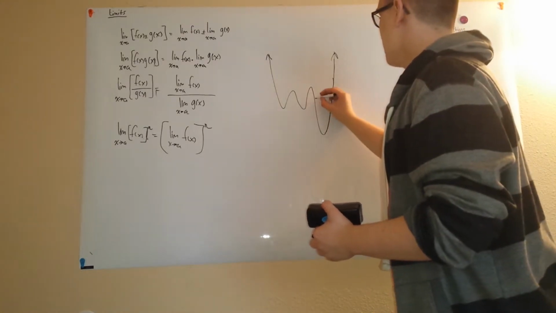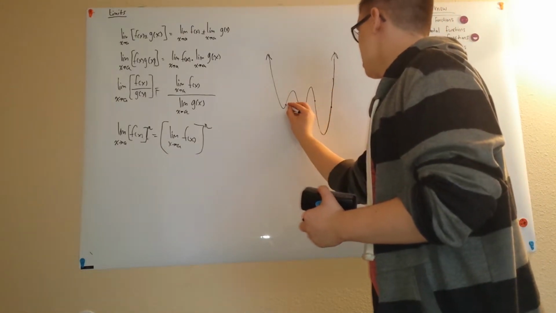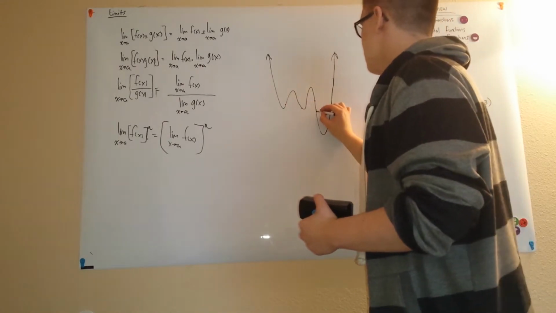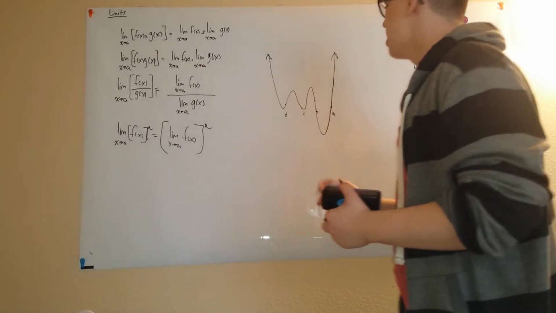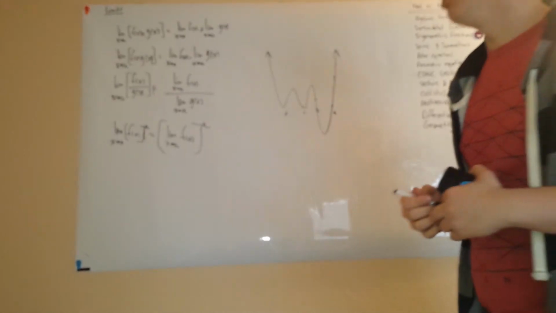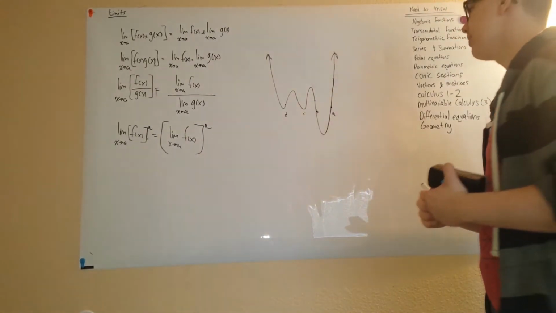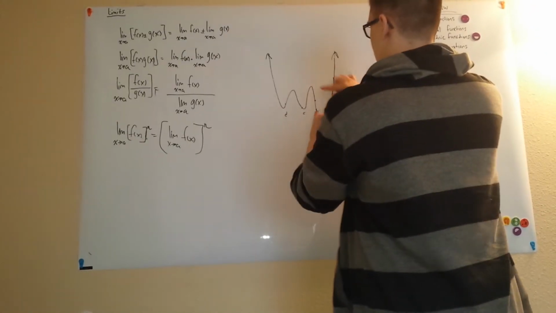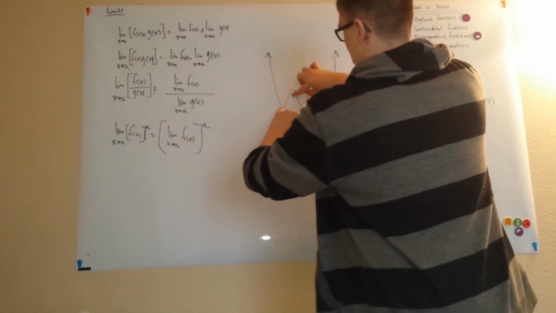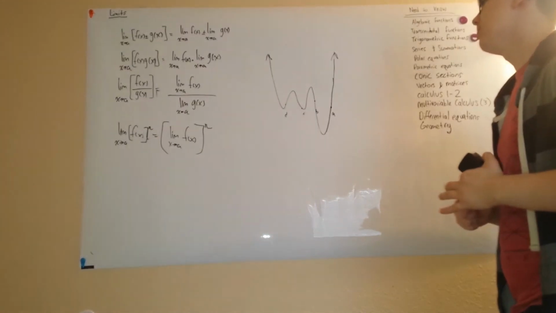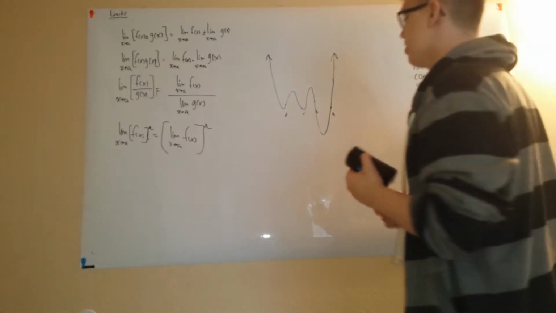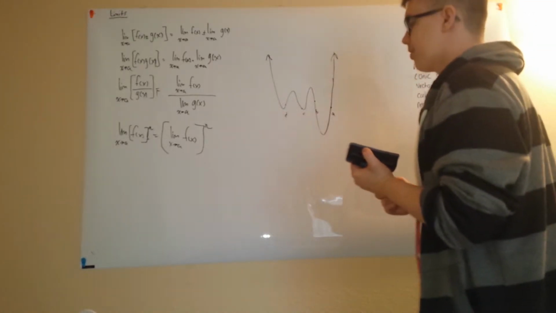So that means if I have any point, A, B, C, or D, and I say, well, let's make a limit as x approaches any of these, you see that they always approach their function value.